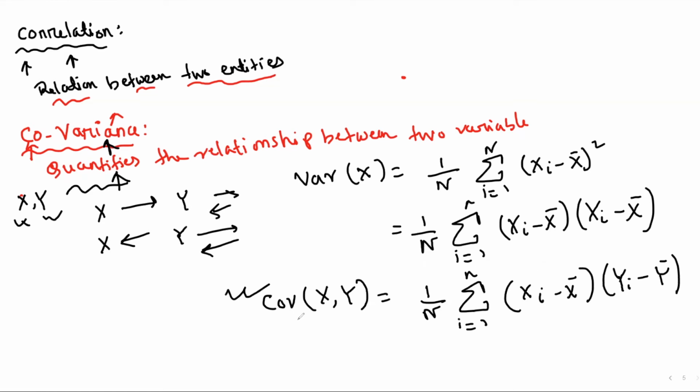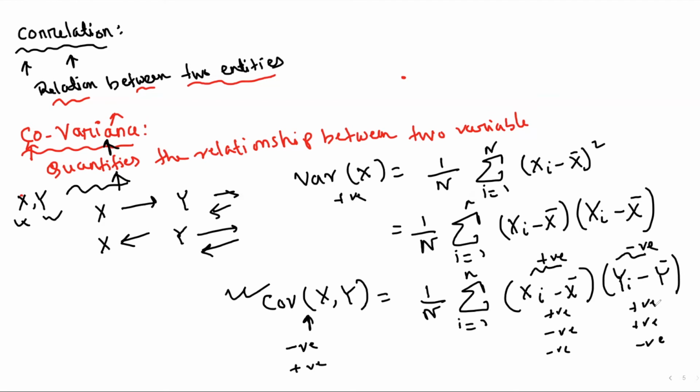Covariance can be negative, and covariance can be positive. Here we are not squaring. In variance we are squaring, so it will always give us a positive value. In this case, one term can be positive and the other negative, or both can be positive, or the first can be negative and the second positive, or both can be negative. Any of these situations may arise.